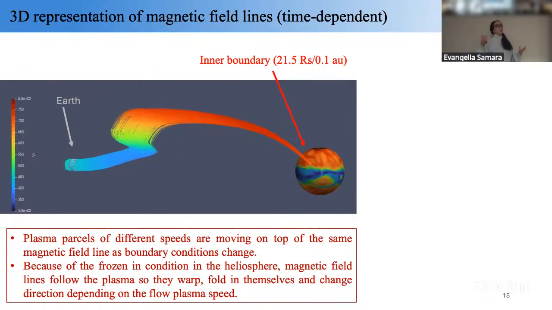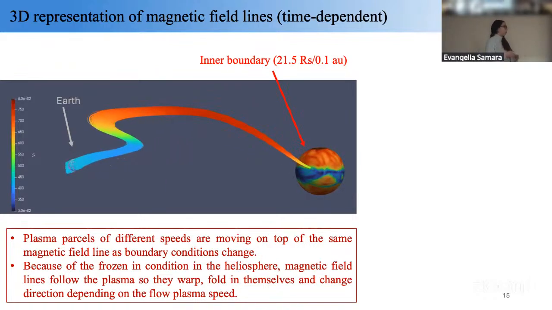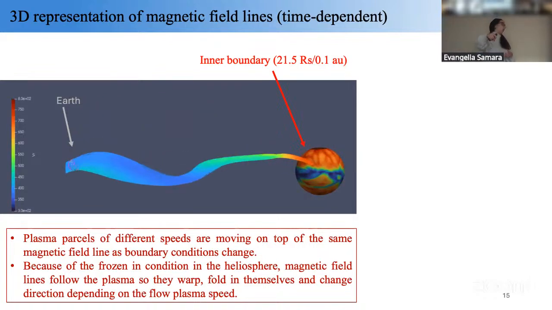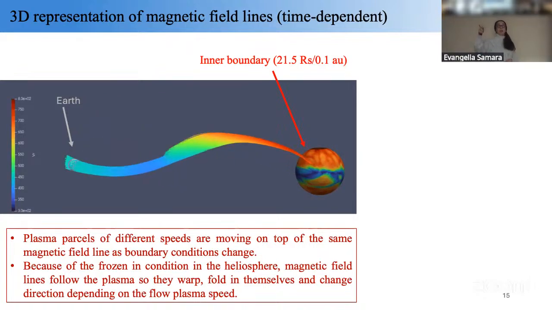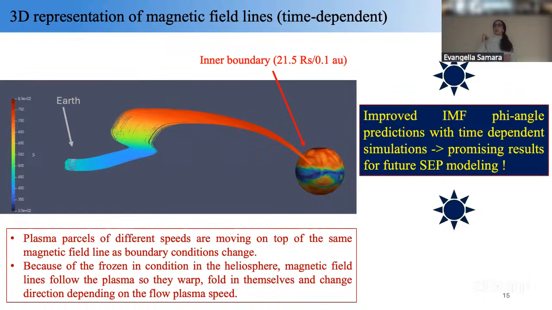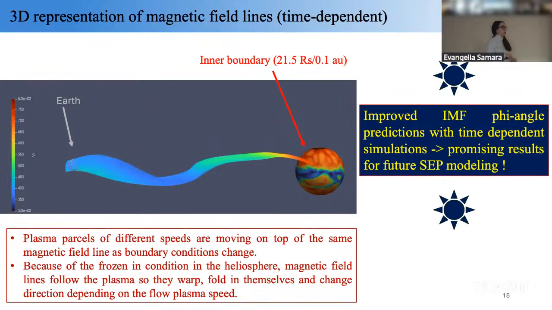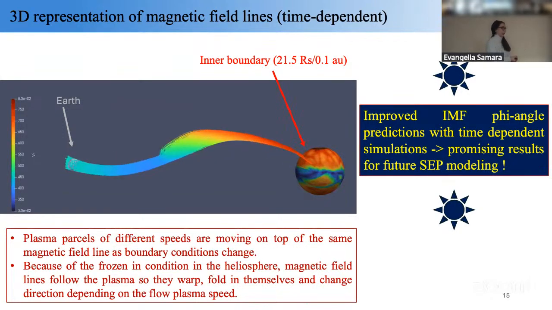And it's not only important because it gives us better in situ signatures, as I showed in the previous slide, but it's very important because that way we will also be able to improve the solar energetic particle modeling. Because, well, we have experts here with SEPs.